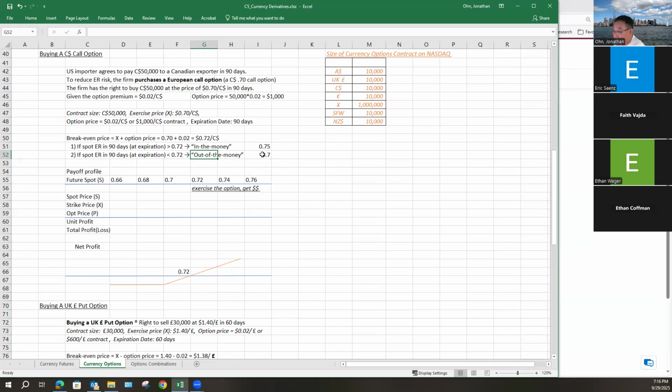In that case, if you are in the money, you have to exercise the option and get the profit. If you are out of the money, you don't do anything. Just leave the contract expired. Don't do anything because you are out of the money.